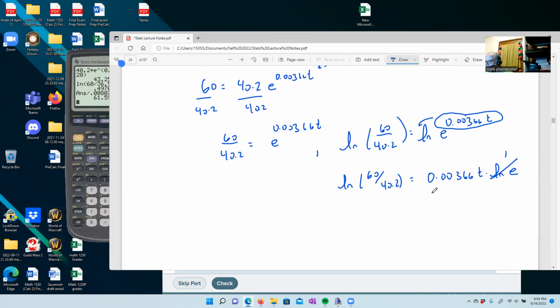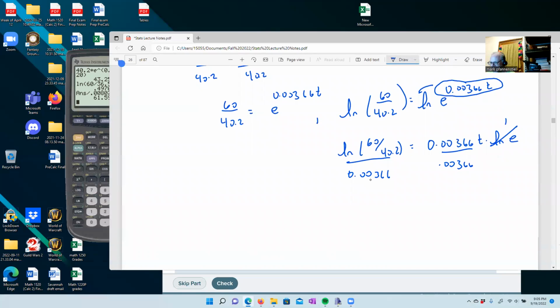So we're going to go ahead and divide both sides by 0.00366. So t is equal to the natural log of 60 over 40.2, all divided by 0.00366.